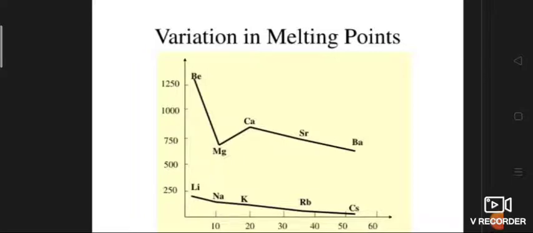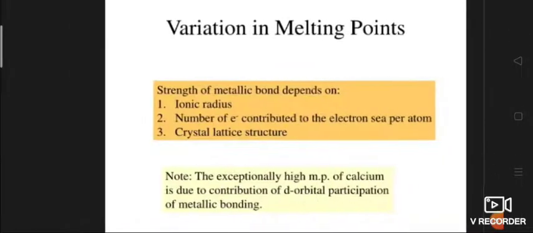Magnesium has a lower melting point than beryllium. In magnesium alone, the bond is weak, so it is less than that of calcium. In calcium, the bond is stronger.